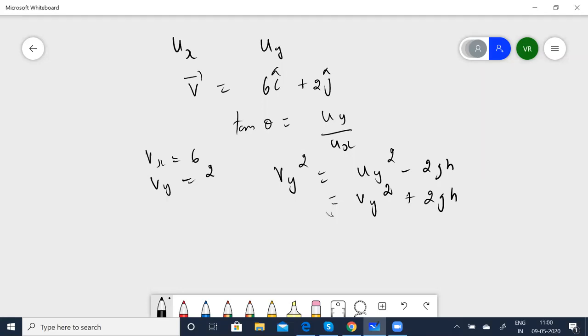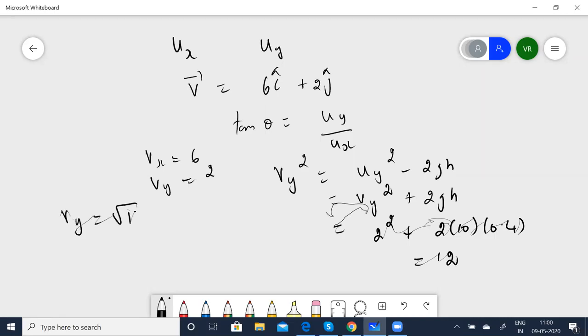Now substitute the values: 2 squared plus 2 into 10 into 0.4, which works out to be 12. So uy is root of 12, which is equal to 2 root 3.